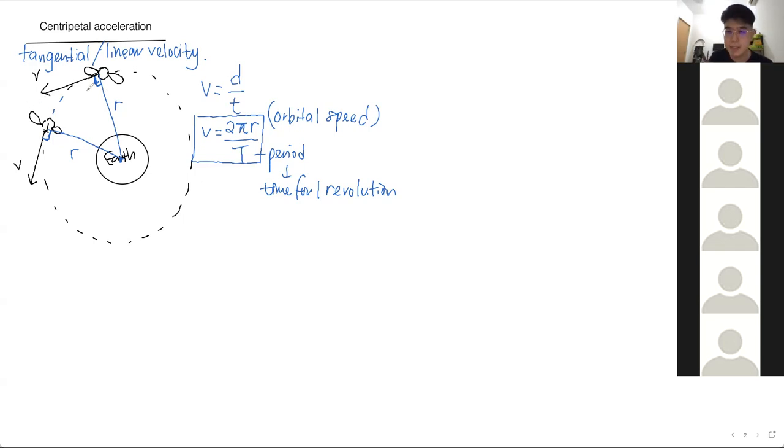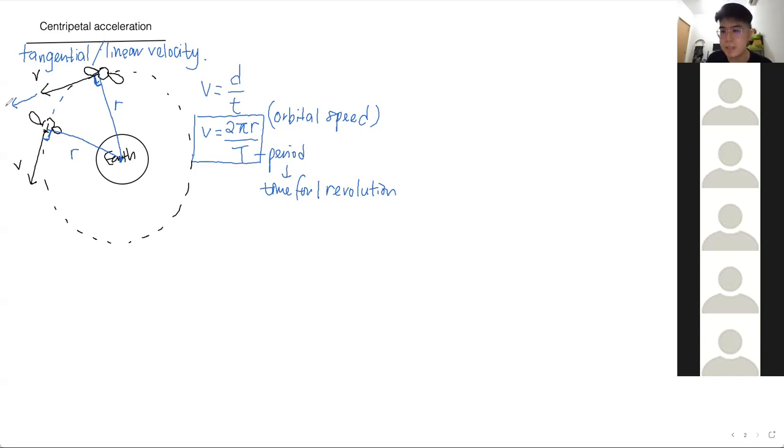If suddenly the Earth loses its gravitational pull, then this satellite would continue moving in the direction of its initial velocity. The moment it loses its gravitational pull, if it's facing this way, the satellite would continue to move in this direction.